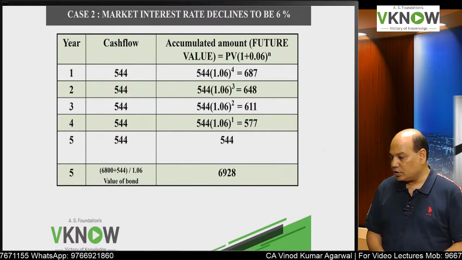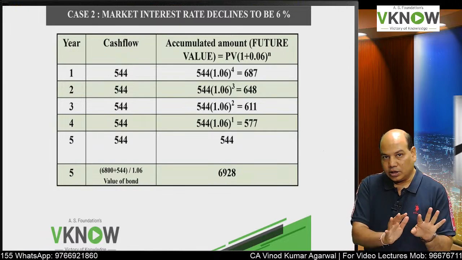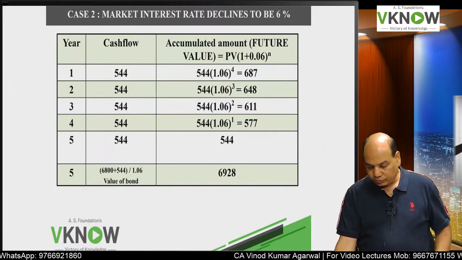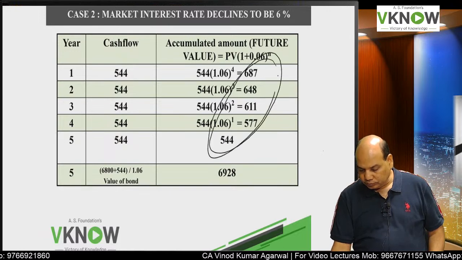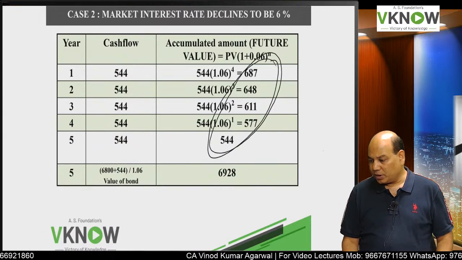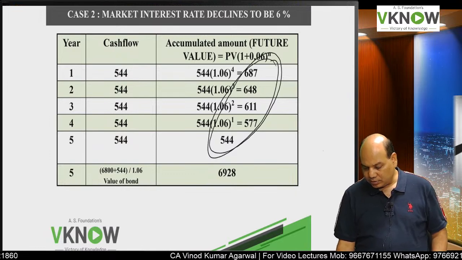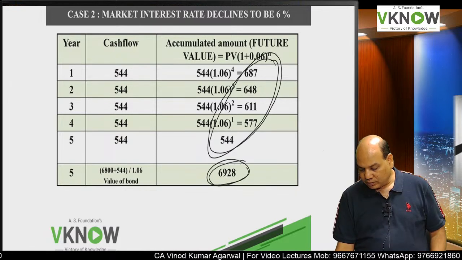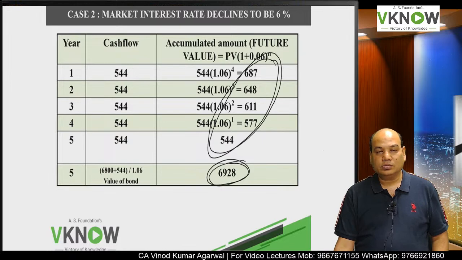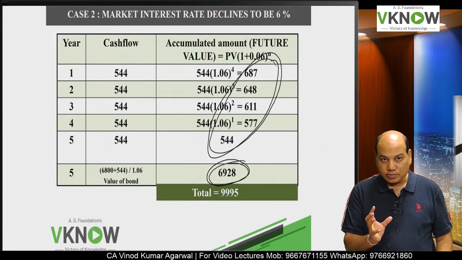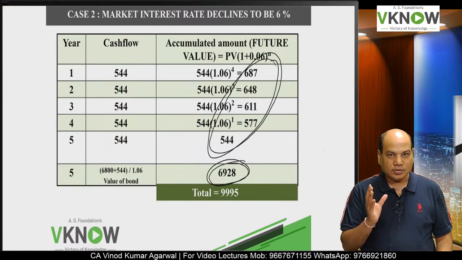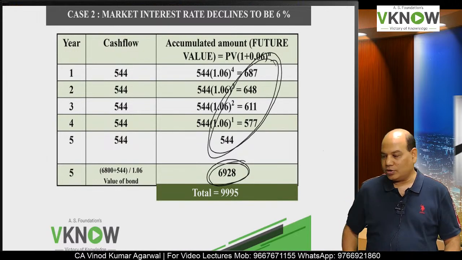And that is the interesting part, that even if the market rate has gone down, you have lost on the coupon part, the reinvestment income part, but you gained here on the value of the bond part. And your answer is, surprise, very close to 10,000.